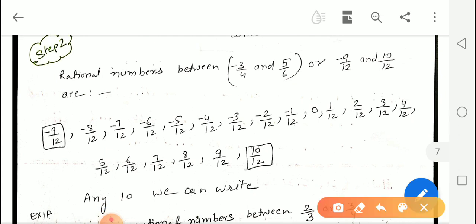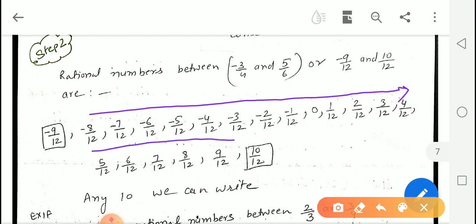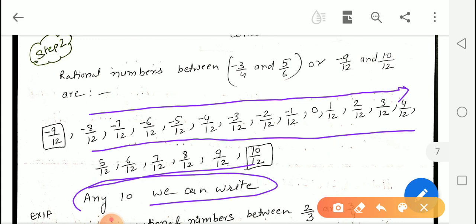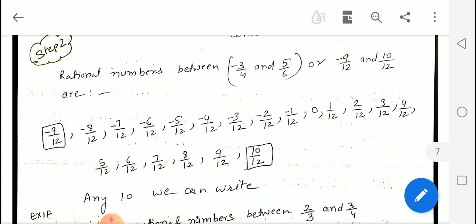We will write in descending order. This is the increasing order, but we can write in either order, descending or ascending. So in this way we can write the rational numbers in between, and any 10 we can write. So this is one of the methods.